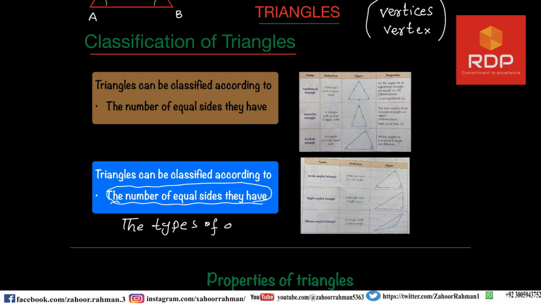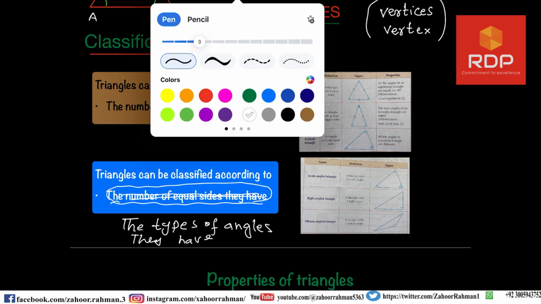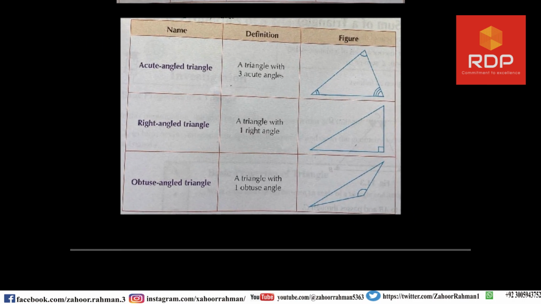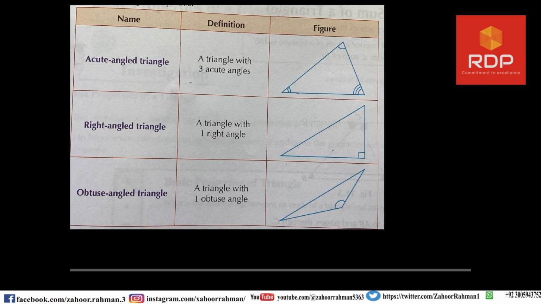So the second one is not this one, but the types of angles. The first classification was on the basis of sides. The second classification is on the basis of angles, and let us concentrate on this table in this case.